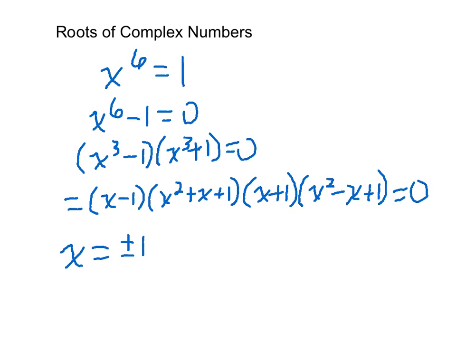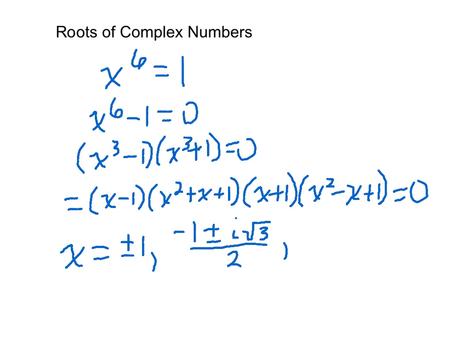Using the quadratic formula, I'll determine the solutions of the two quadratics that are listed there. And the solutions for those are as follows. I have negative 1 plus or minus i times the square root of 3 all over 2.